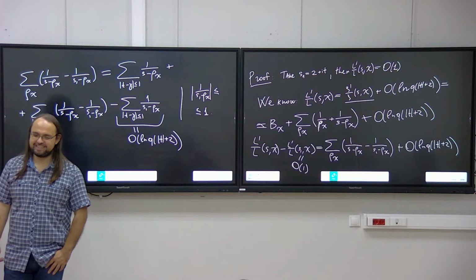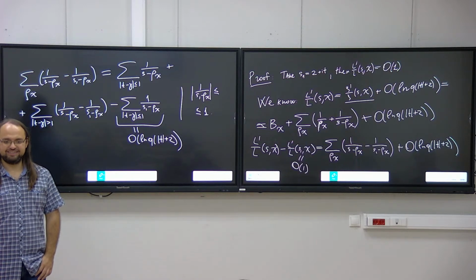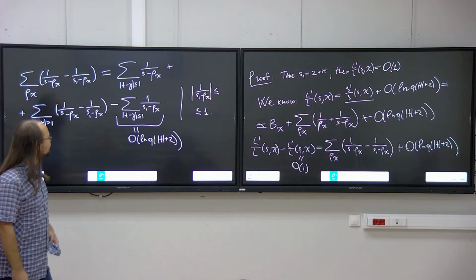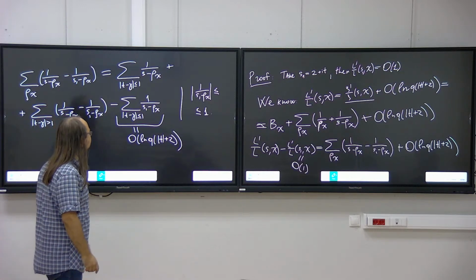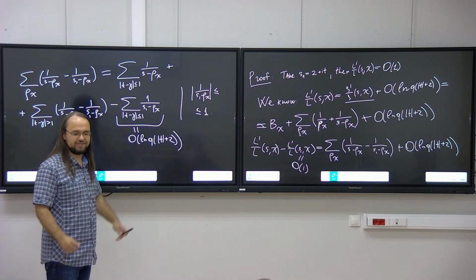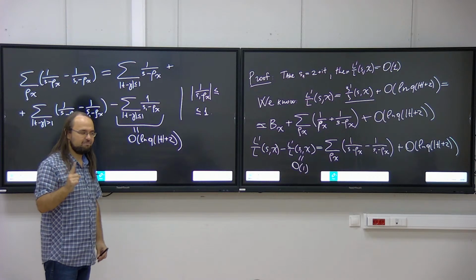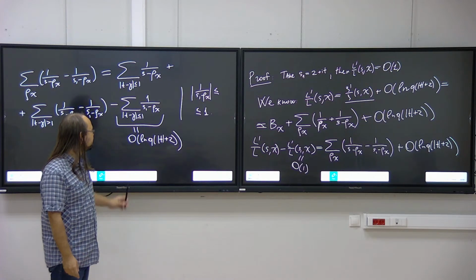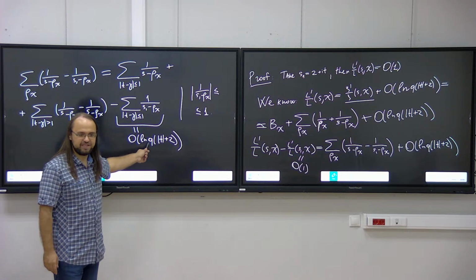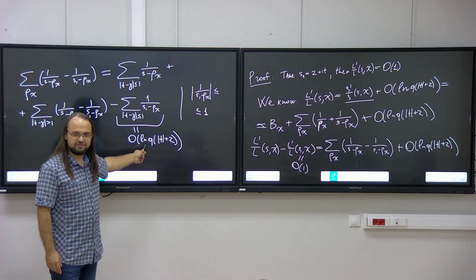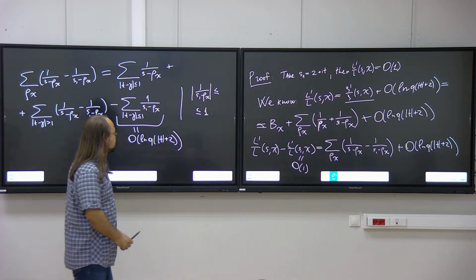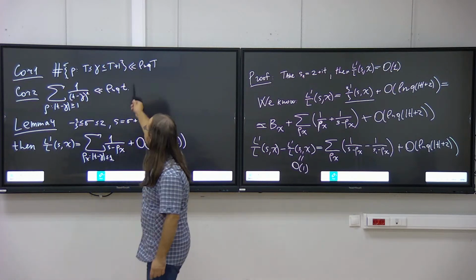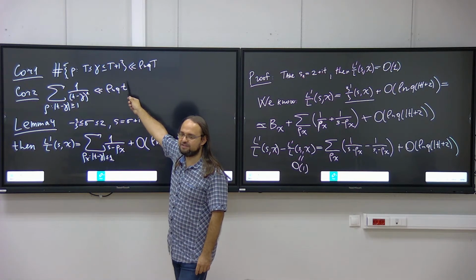Because s1 has a very large real part, at least 2. So we have at most 1, and the contribution of every term is at most 1. But by the first corollary, we know that it contains at most this many summands. The corollary, let me show you once again. Here it is: not too many values of gamma.